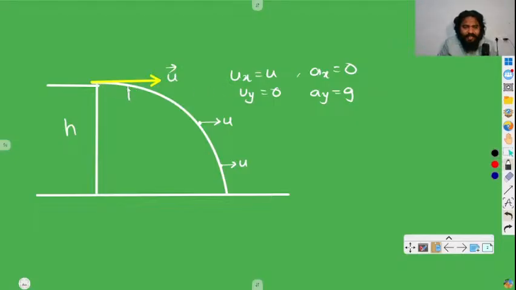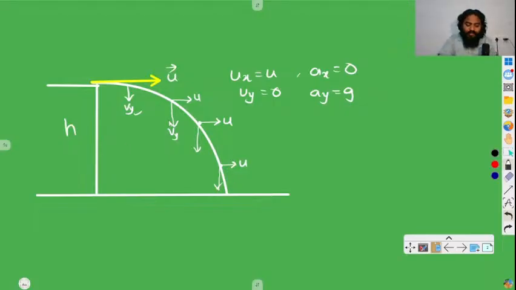For example, here this is vy, and here the vertical velocity is greater. You see the length of the vector. The horizontal component is always the same, u only, but this vy is greater than the earlier vy, because as the object is approaching the Earth, it increases. Clear now? Because there is an acceleration due to gravity.